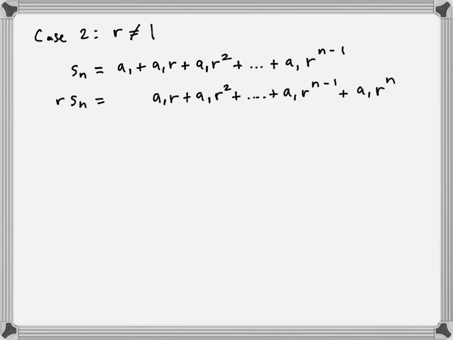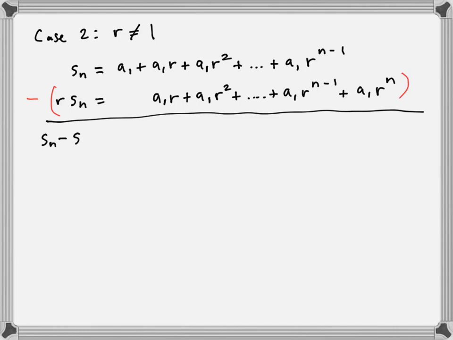So I multiplied everything above by r, but I also shifted it to the right. There is a reason for this. It's because I'm about to subtract the two equations, and I want you to see what happens. On the left side, we have Sn minus Sn times r.